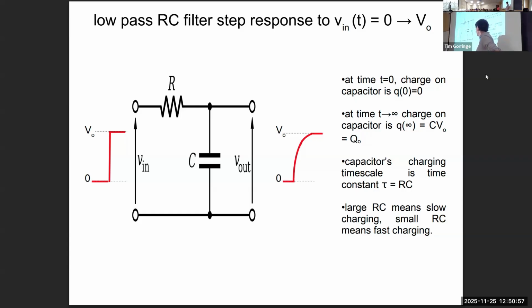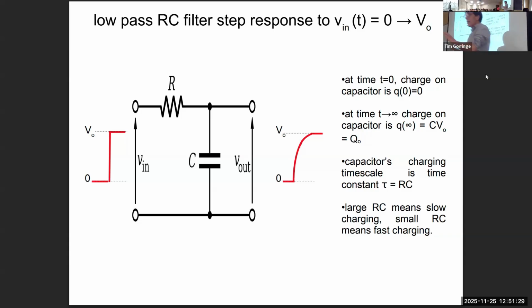So that's the arrangement. With that arrangement, if you put, for example, a voltage step on the input, you'll see a voltage step on the output, but there's a time constant that's introduced for the step, and that's essentially the filtering going on here.